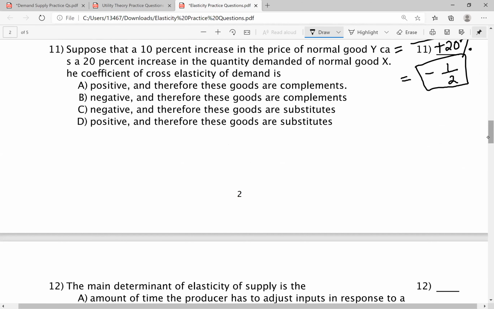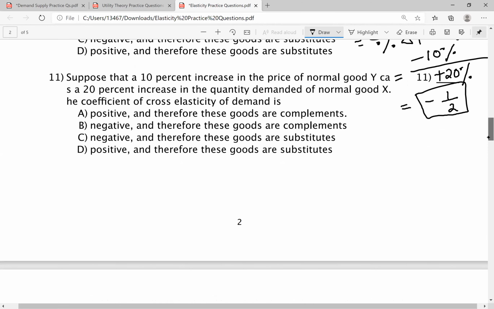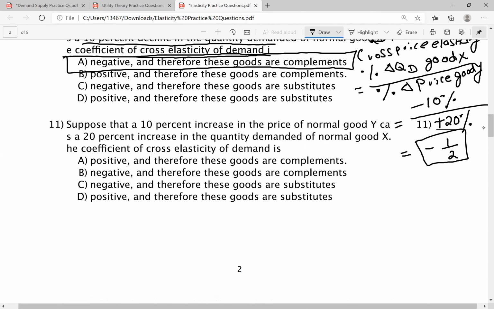Take a look at question number 11. It says, suppose a 10% increase in price of a normal good Y causes a 20% increase in quantity of normal good X. So use the same formula here.